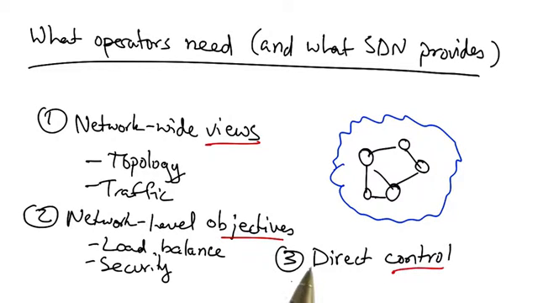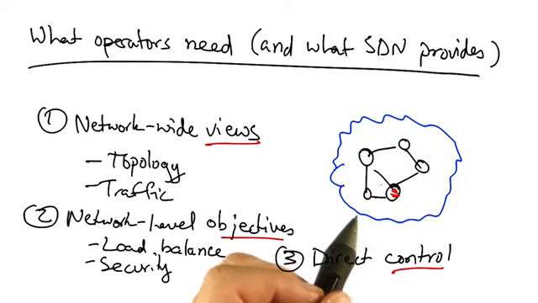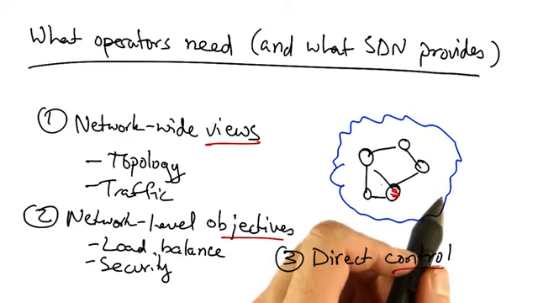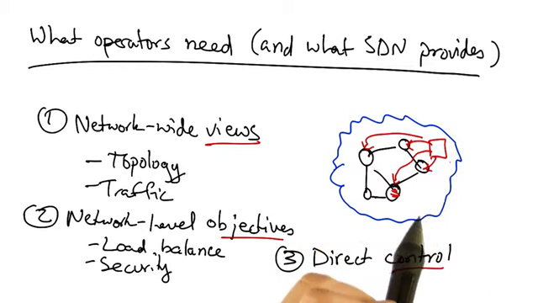The third thing that software-defined networking provides that network operators need is direct control. In particular, rather than requiring network operators to configure each device individually with indirect configuration, SDN allows an operator to write a control program that directly affects the data plane.